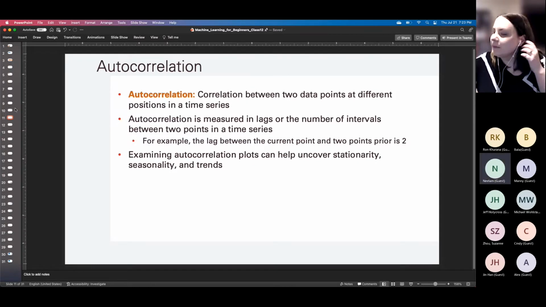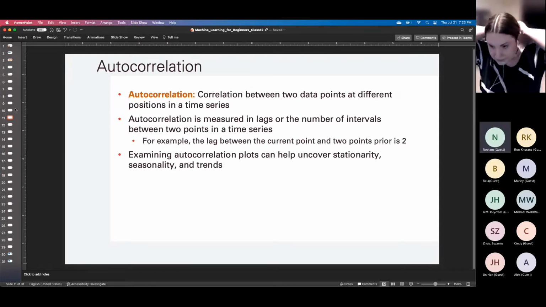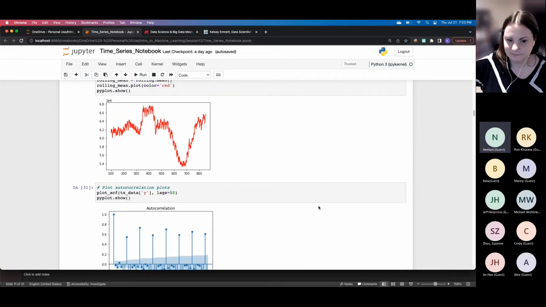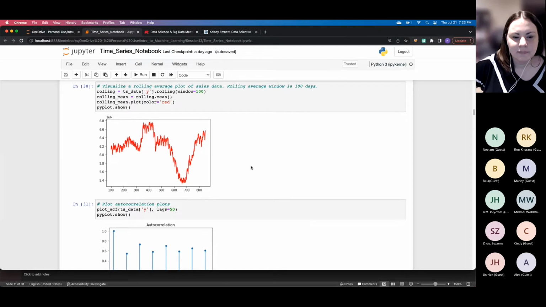Now, go ahead. I'm sorry, I have to interrupt. I have a question here. Looking at the graph, when you say that data is not stationary, what makes you say that? There's a big trend. So specifically, definitely this part. Stationary data has the same statistical properties, so the same mean and variance.